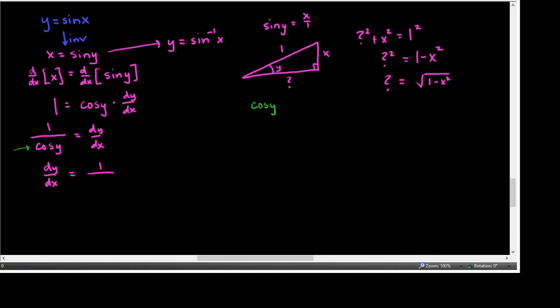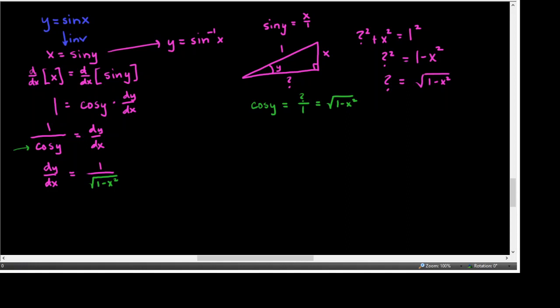Cosine is adjacent over hypotenuse. So that's going to be the square root of 1 minus x squared over 1, which is just that radical. And so by substitution, I can take the cosine of y out and write this in its place. And of course, that's an algebraic expression.